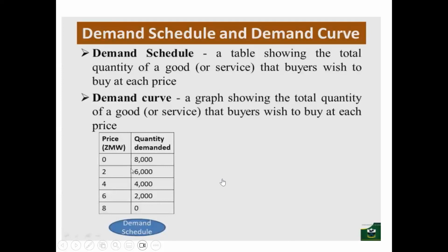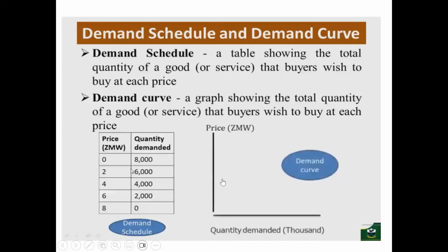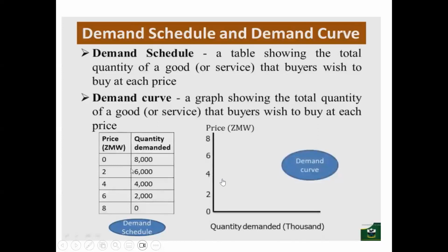Let's plot this data now, which we have in this schedule, on a demand curve. With price on the vertical axis measured in Zambian kwacha, and the quantity demanded measured in thousands on the horizontal axis, we can have the price figures and the quantity demanded figures. Now, we note that when price is 0, quantity demanded is 8,000. Price is 2, quantity demanded will be 6,000, all the way to when price is 8, quantity demanded will become 0.